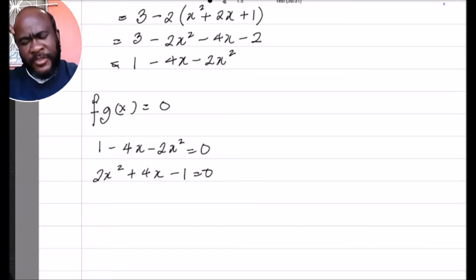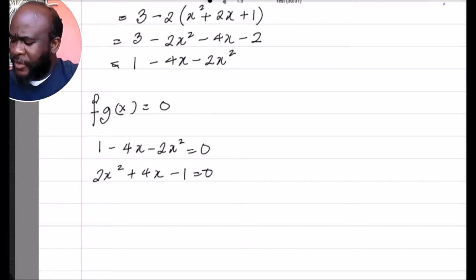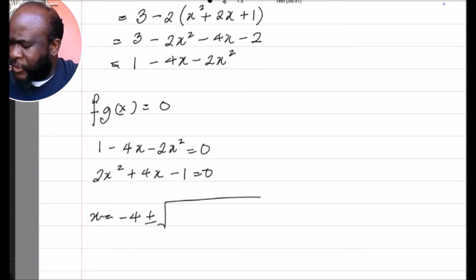So the only way we can solve this, 2 factors of minus 1, this can't factorize. Can it? No, it can't factorize.